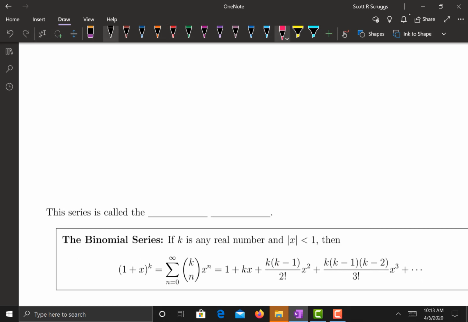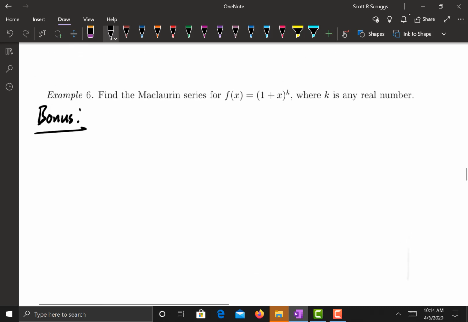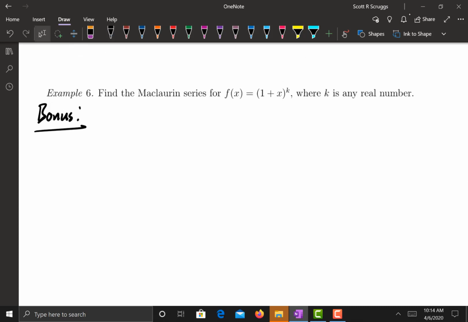But I'm going to leave this for y'all as an exercise, to find the Maclaurin series for that series. So, you're going to have fun with that. I'm not going to lie to y'all.